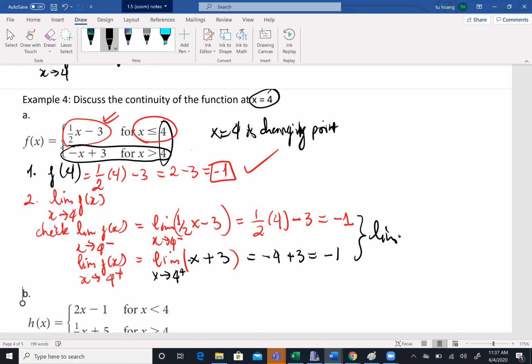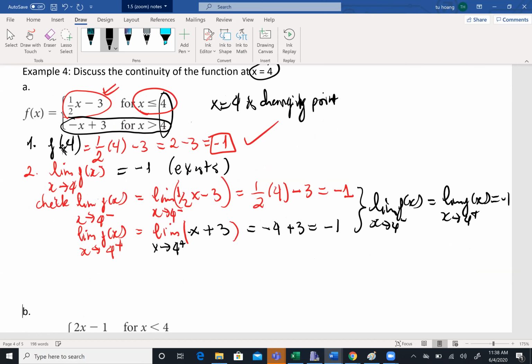So the limit of f(x) when x goes to 4 from the left-hand side is equal to the limit of f(x) when x goes to 4 from the right-hand side, and equal to negative 1. So I'm going to say the limit of f(x) is equal to negative 1, and it exists. I finished two conditions, so I move to the third one.